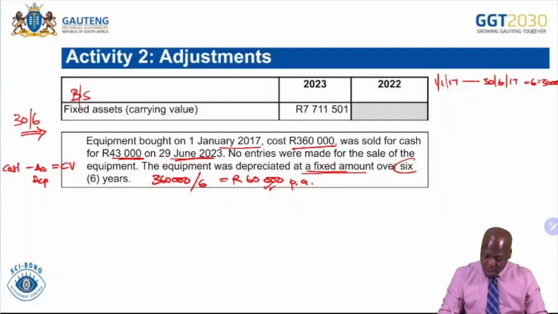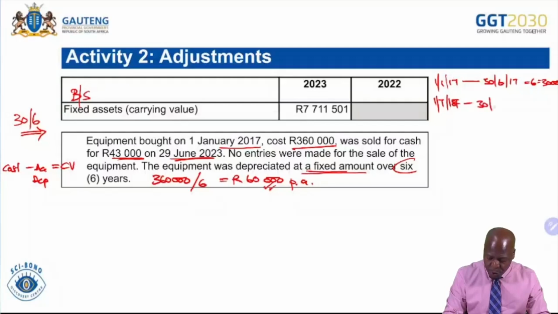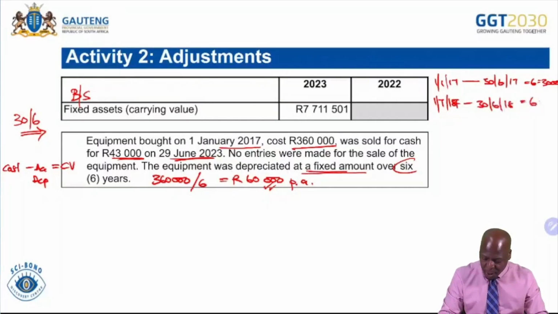Can I go on? The following year, which began on the 1st of July 2017 until the 30th of June 2018. This is a full year now. So it's no longer losing 30,000, it's losing the entire 60,000. So you come here, it's going to be 60,000.